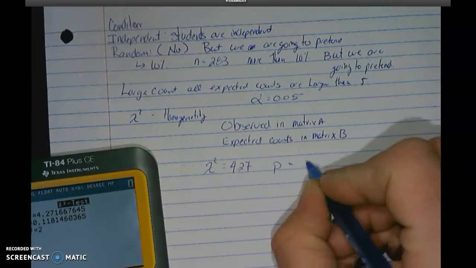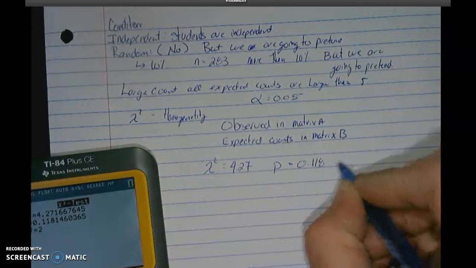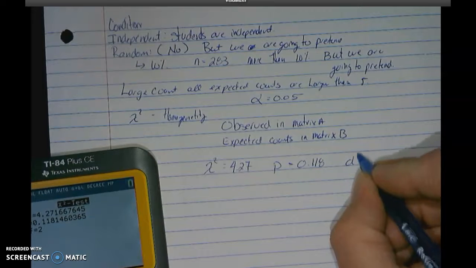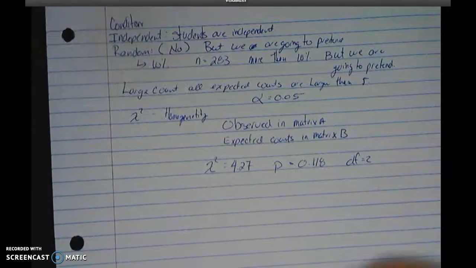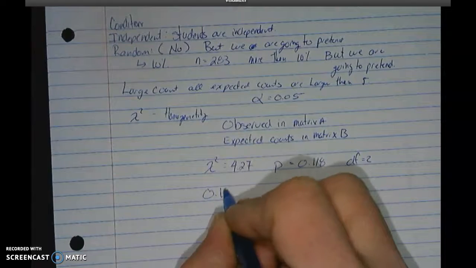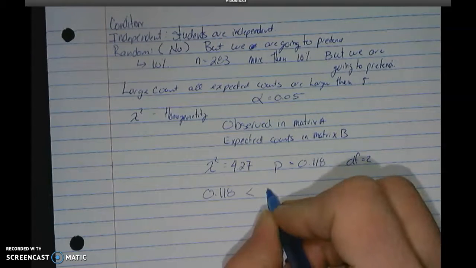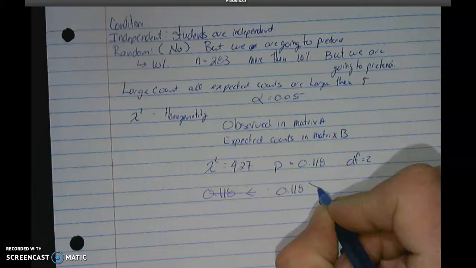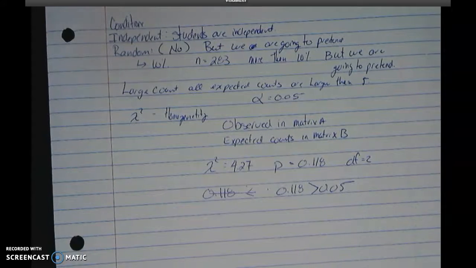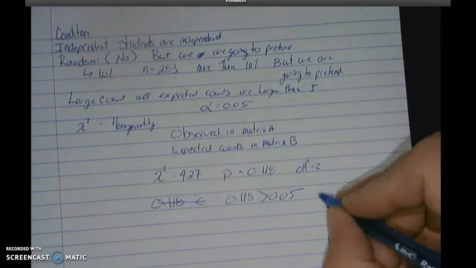I get a p-value of 0.118. And then my degrees of freedom was, of course, 2. So we would fail to reject.